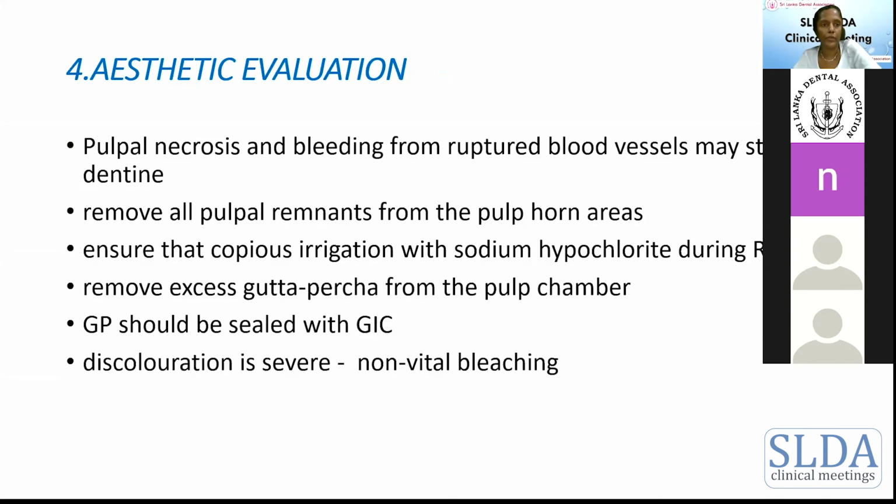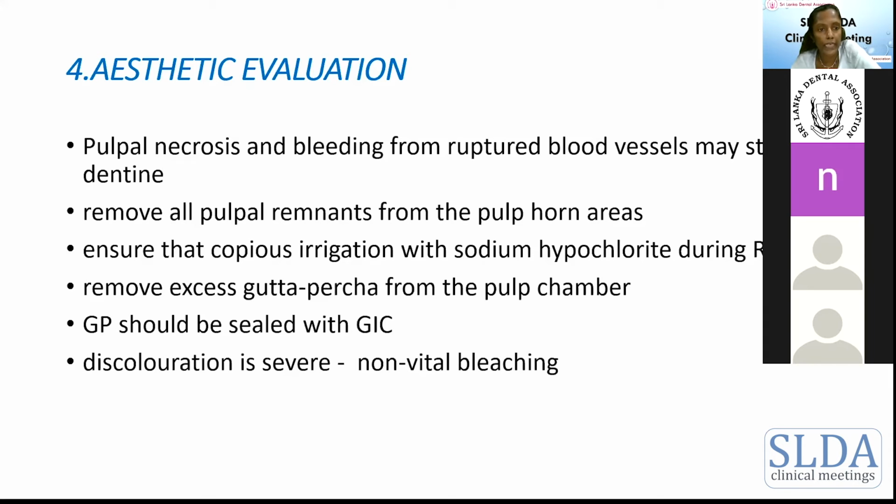Then the fourth factor you have to consider when deciding the final coronal restoration is the aesthetic evaluation. Usually in anterior teeth, due to trauma, the teeth become non-vital, and there can be bleeding from the ruptured blood vessels, and the pulp necrosis can cause discoloration of the tooth.